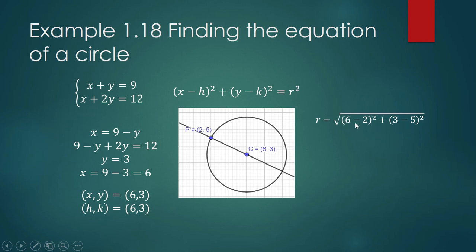The square root of (6 minus 2) squared plus (3 minus 5) squared is equal to r, which is the square root of 20. R squared is 20. We already have the coordinates of your center and r squared. So we can now write the equation. So this is the equation of our circle in standard form.